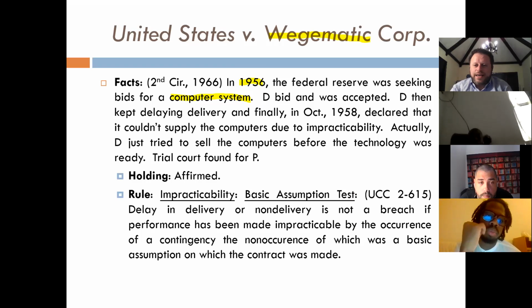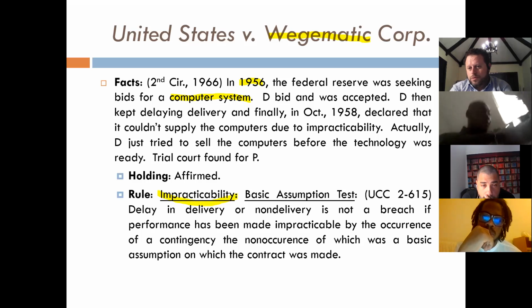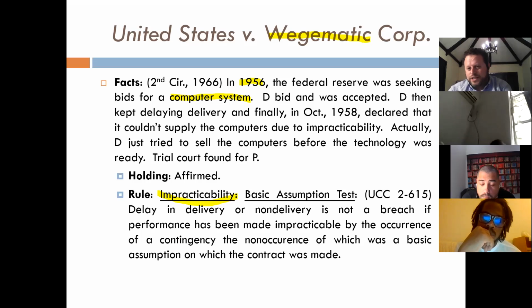And what the court said is there's a difference between impossibility and impracticability. So here's a new word. It's not that something is impossible. Some things are impossible. Other things, it's not that they're impossible, it's that they're not really realistic, they're impracticable.